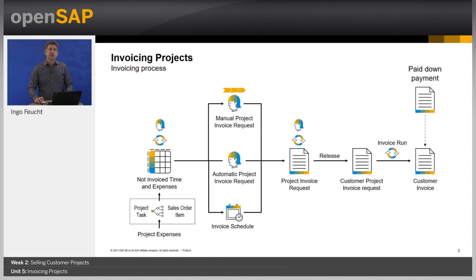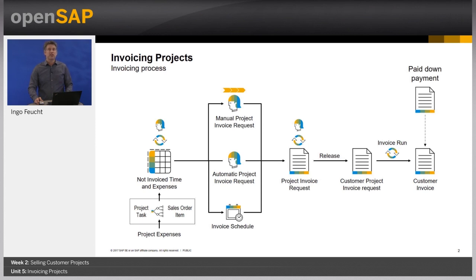Then it comes to the actual invoicing and the three supported options. You see that here. Option 1 is the manual project invoice request. The project manager or alternatively a back office resource manually puts together the invoice in a guided activity.